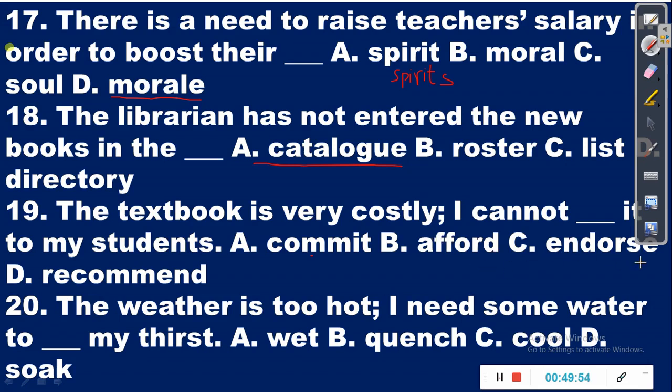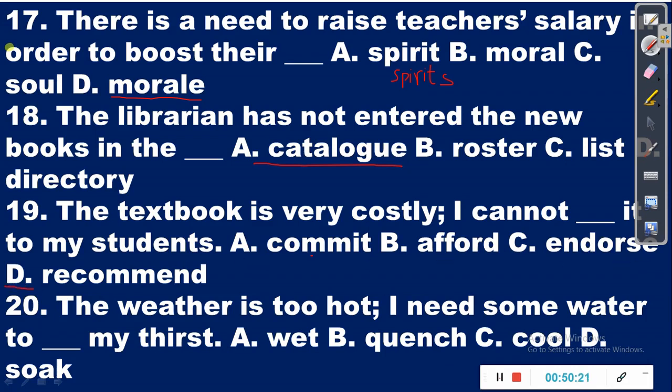All right, C is endorse. You know, to endorse is to sign something like a check. If you endorse a check, it means you sign on its back to instruct a bank to pay someone. Or if you endorse someone, it means that you declare your public approval or support for the person. So the meaning really doesn't fit in here.